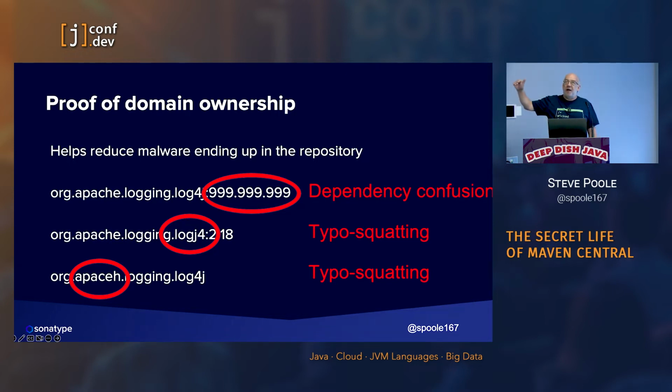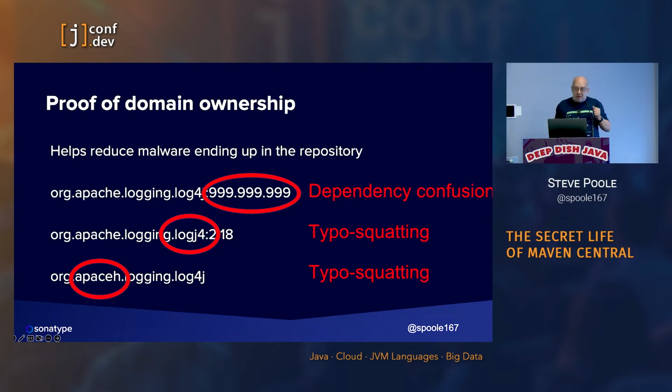So that means that if you have made a mistake in your typing, there is the possibility that when you do Maven compile, that thing that exists with that spelling may actually be out there, because somebody's realized that if they squat on that spelling, you might one day make a mistake, and you can then pull down their code.